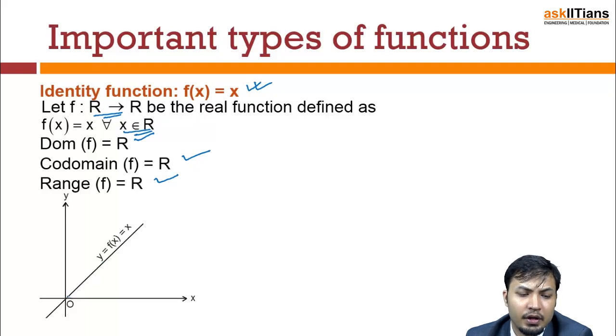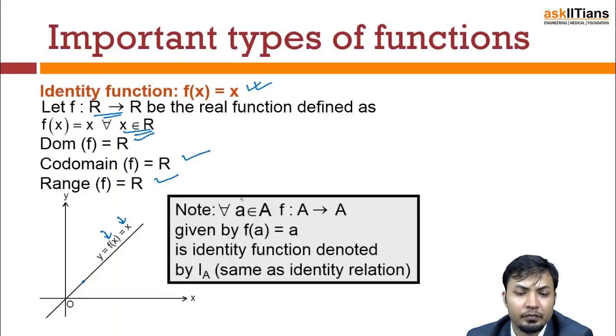Whatever you put as the value of x, that will be the input in the function, and I'll get the same output. Okay, for every a belonging in A. Now what does this signify? This signifies the element of A. Okay, that I had A and B, right?